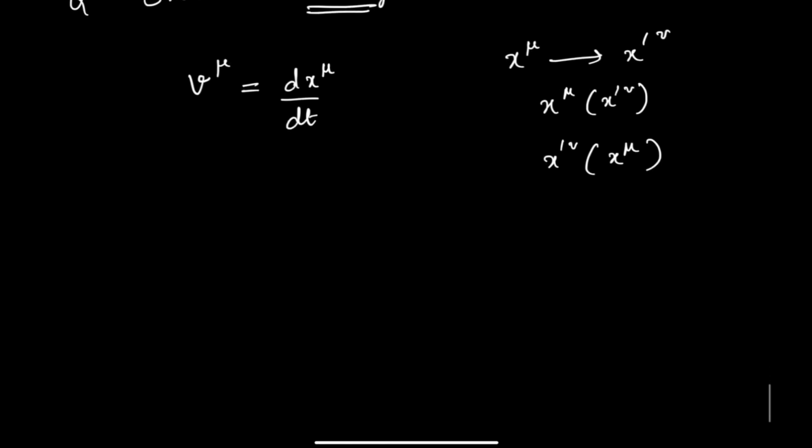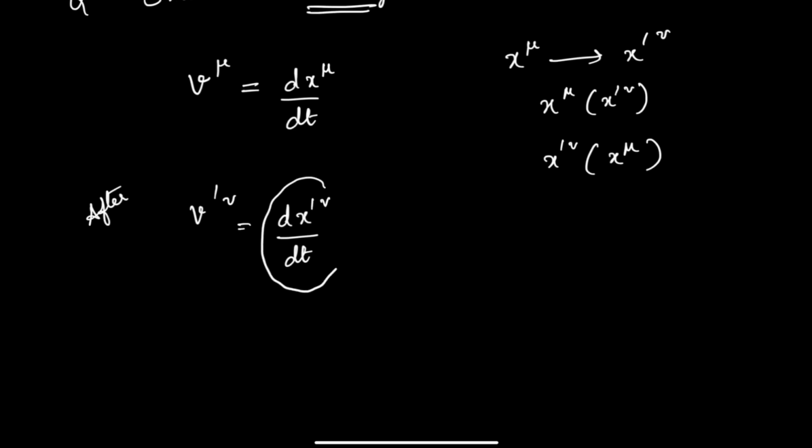Now I will define the velocity in the transformed system. After the coordinate transformation, let it be v prime nu. V prime nu will be the partial derivative of x prime nu with respect to dt.